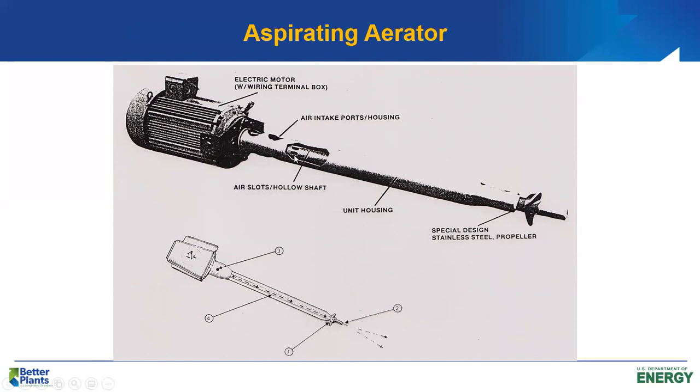We'll go through a horizontal, hollow shaft that's got air slots. And then we have a specially designed stainless steel propeller down at the end. And so the air is aspirated into this hollow shaft, and the propeller disperses it into the mixed liquor.